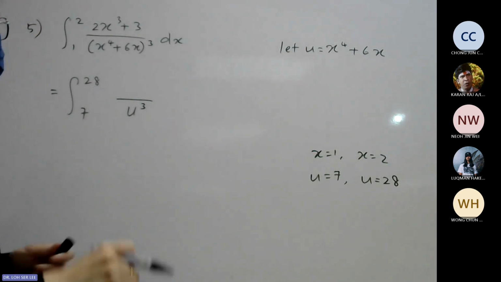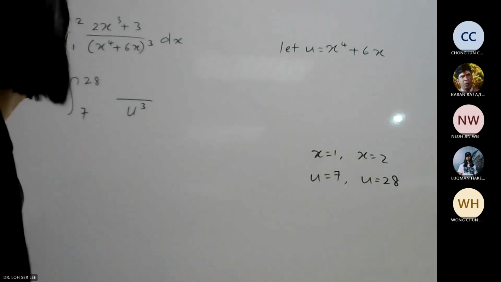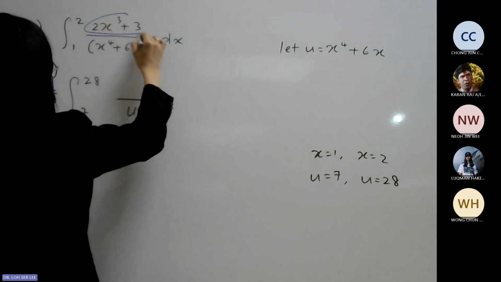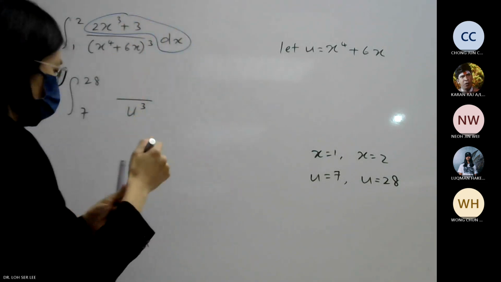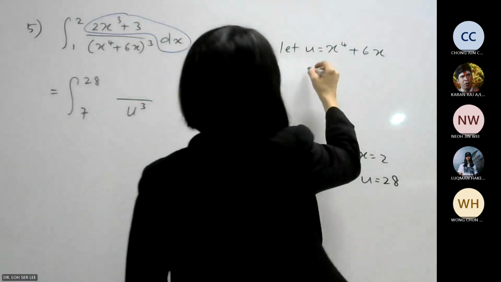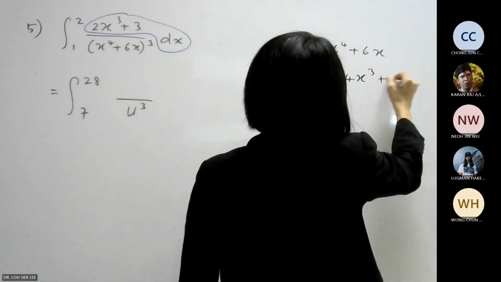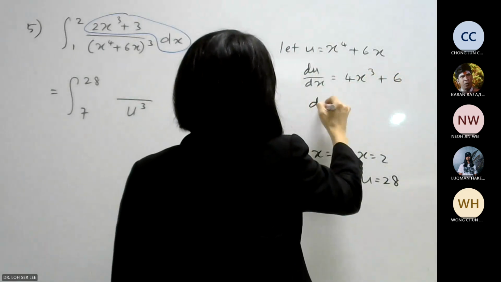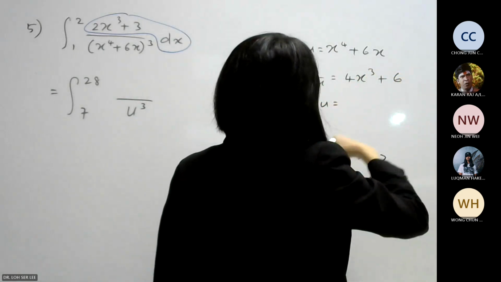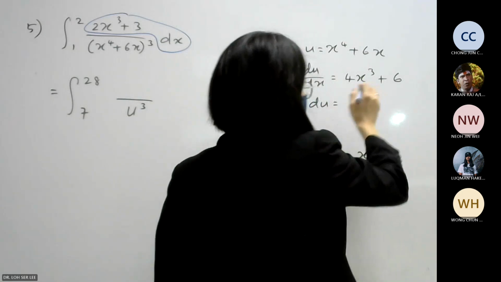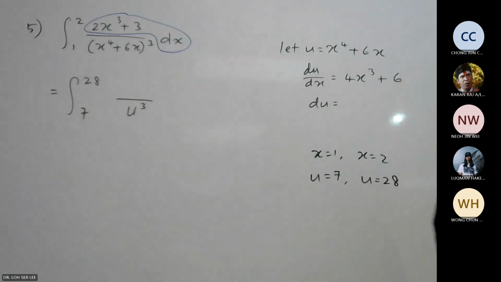Now, we need this. What we need to do is we need only the 2x cubed plus 3.